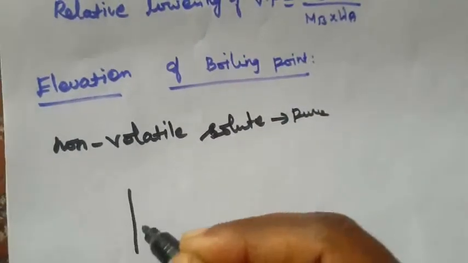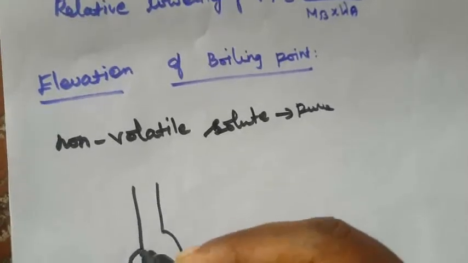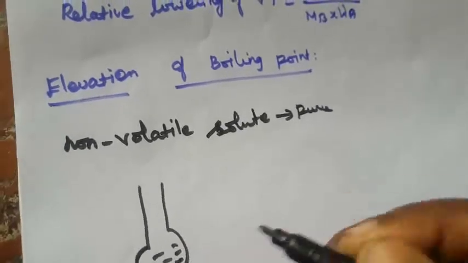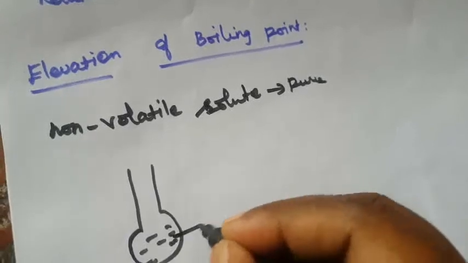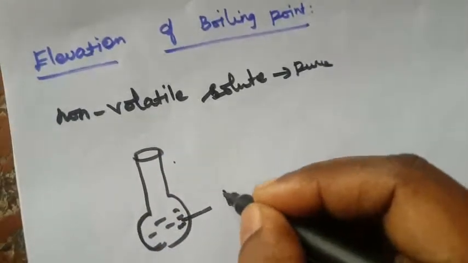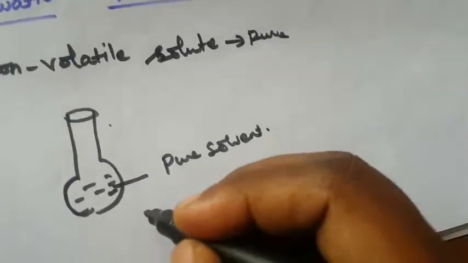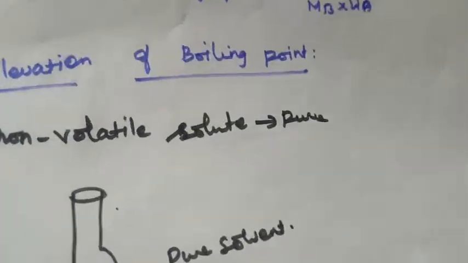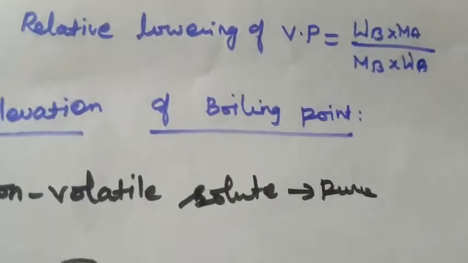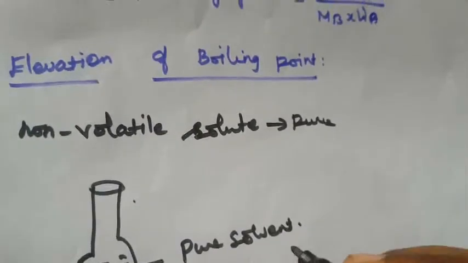So now we take one round bottom flask, and the pure solvent is taken.